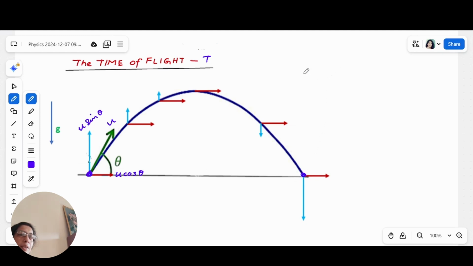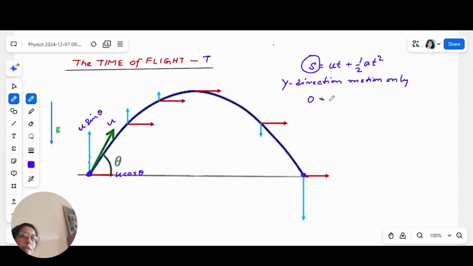So to find the time of flight, we can use the second equation of motion, which is s equal to ut plus half at square, where a is the acceleration. In this case, considering the motion is in the y direction only, the displacement s becomes 0.